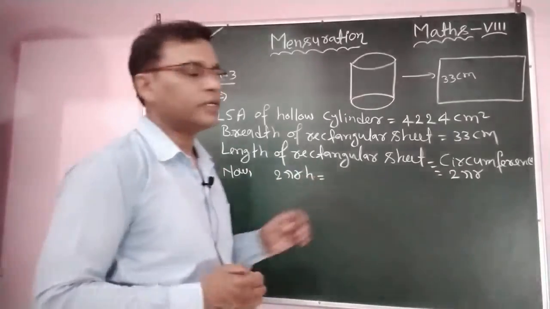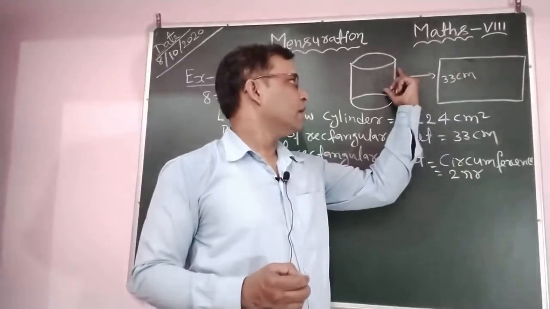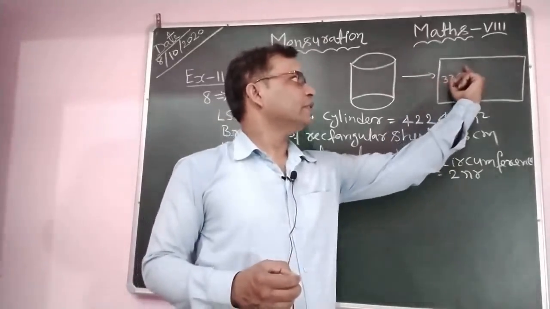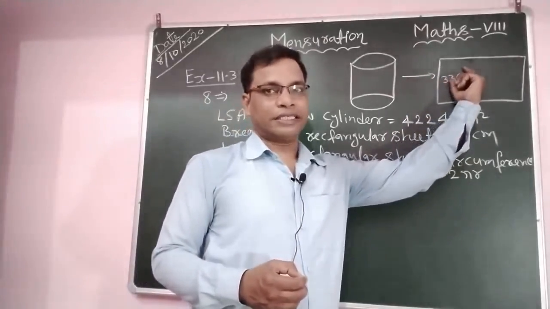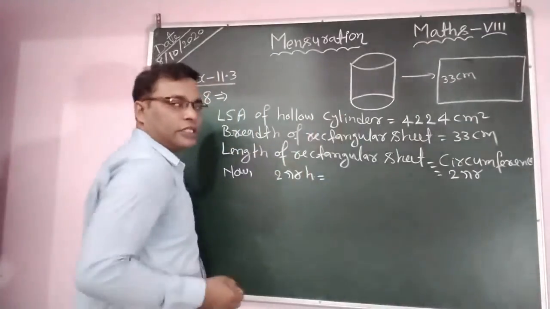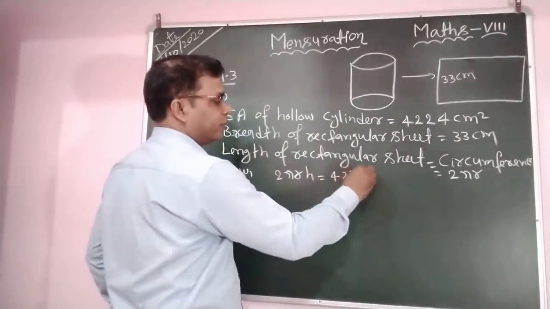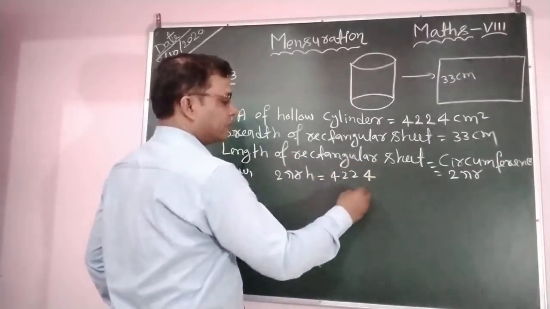Height is also the breadth of this rectangular sheet. The lateral surface area is given as 4224 centimeter square.